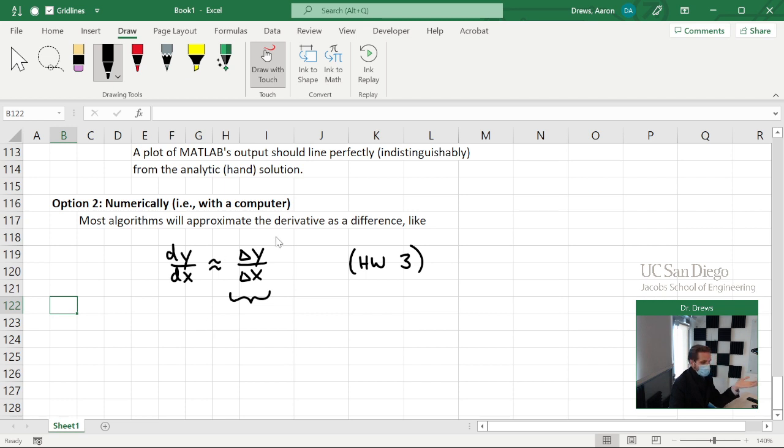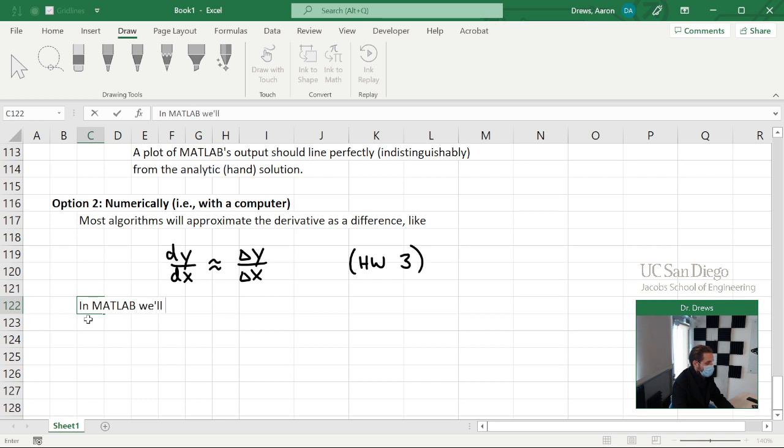It's not bad when delta x is really tiny and y behaves fairly well, but most algorithms that you use for numerical integration will be way more accurate than this difference equation, but they will all be based on difference equations. So when we're using MATLAB, we'll use a function called ODE45 to improve on this approximation.